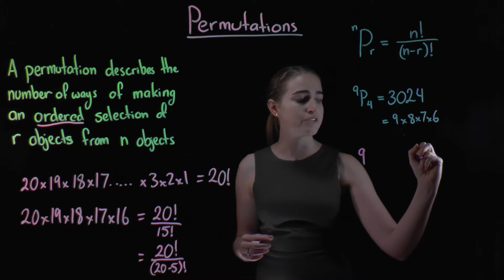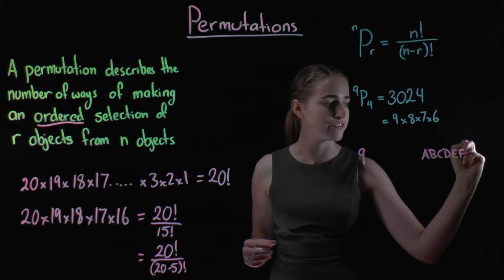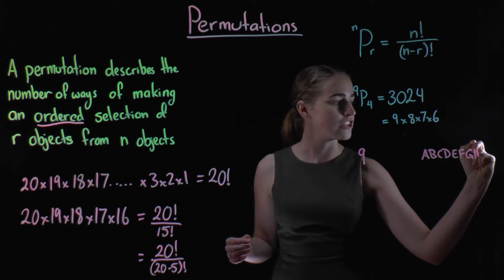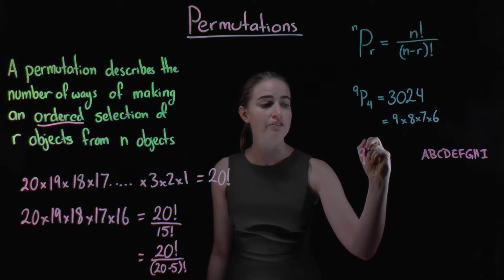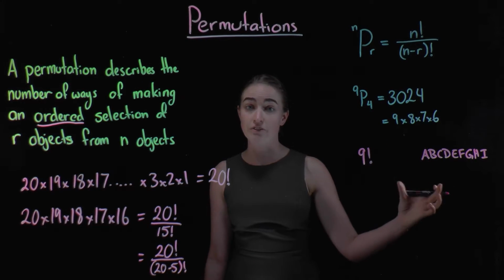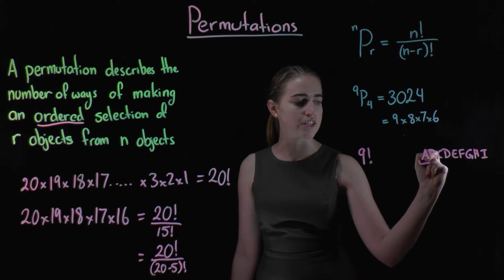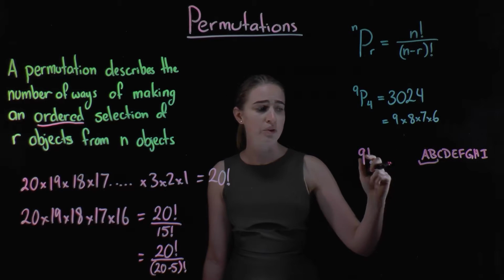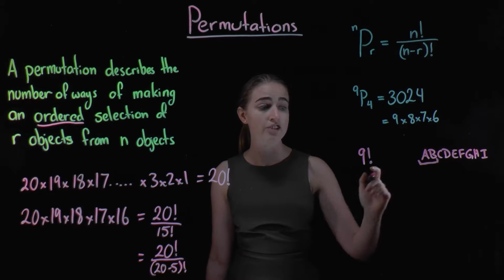So we now have, if we call our people A, B, C, D, E, F, G, H, I, that's 9 friends. Now normally we would have 9 factorial ways of arranging them. But the problem is that 2 of them want to sit together. So say A and B are the couple. Those guys want to sit together, which means really if we count them as 1 object, then we only have 8 objects.